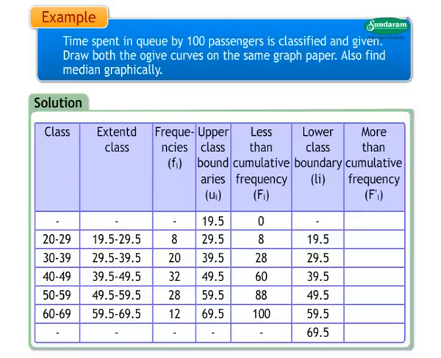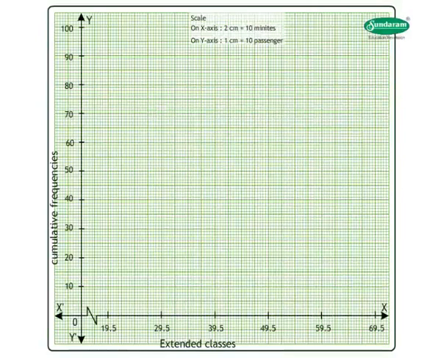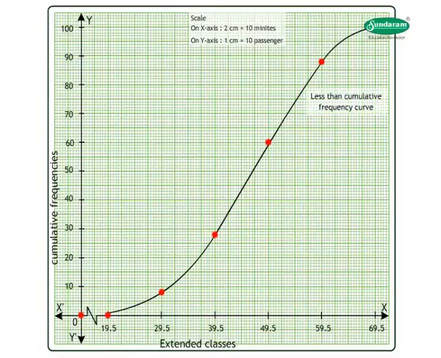We take an additional point, lower boundary of the first class 0. Here it is 19.5, 0, frequency 0. We plot the points U1, F1 and join the successive points by smooth freehand curve. We get less than type frequency curve.